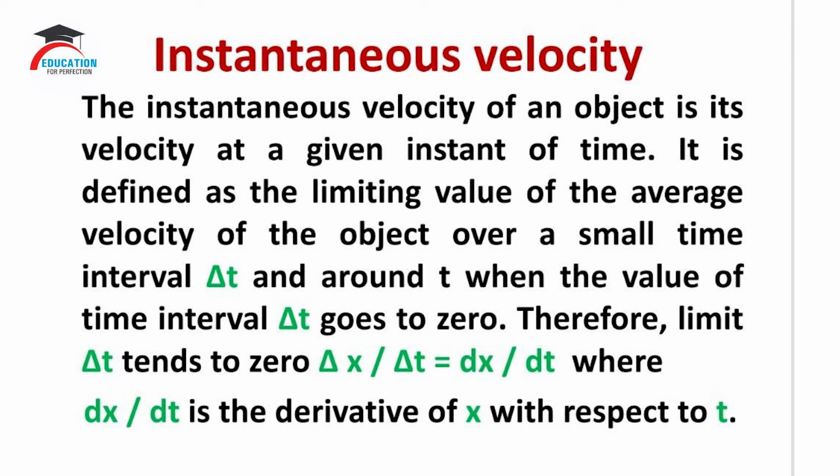Therefore, limit delta t tends to 0 of delta x divided by delta t will be equal to dx upon dt, where dx upon dt is the derivative of x with respect to time.